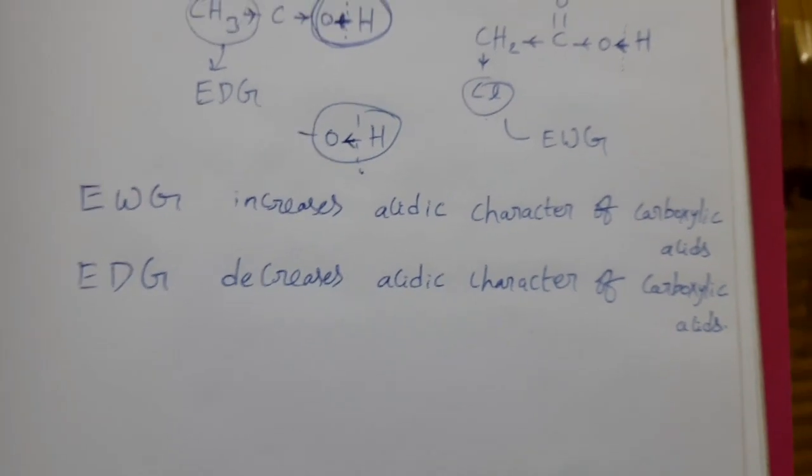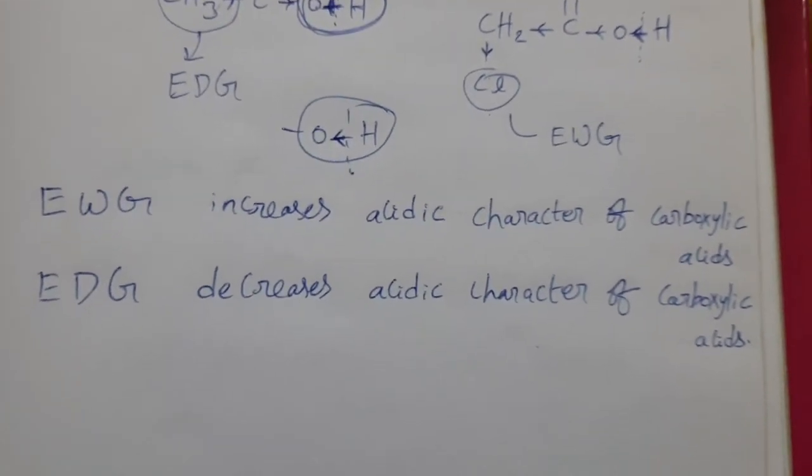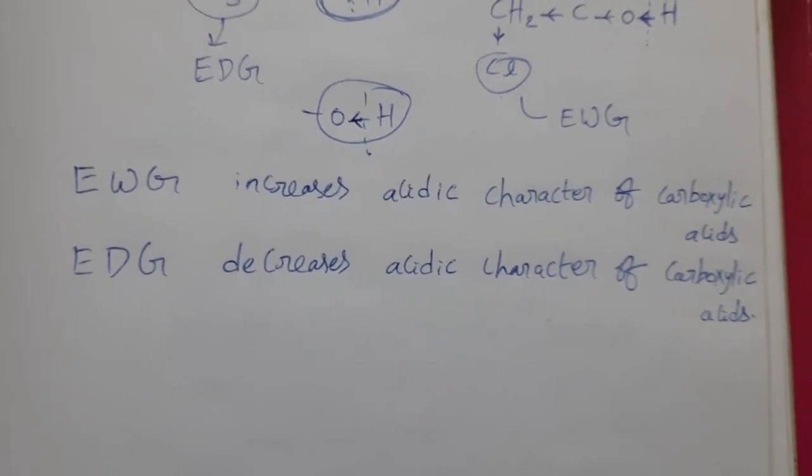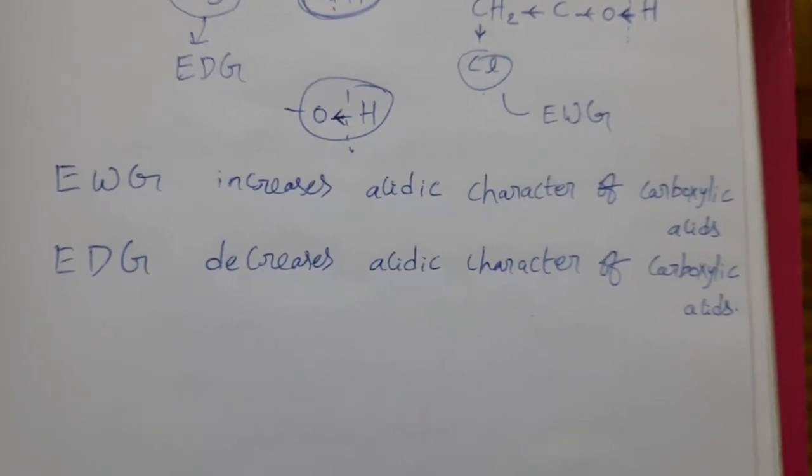Now, if more electron withdrawing atoms are there, then acidic character is more. If fewer electron withdrawing atoms are there, acidic character is less.